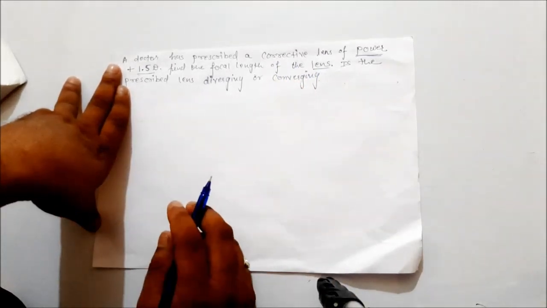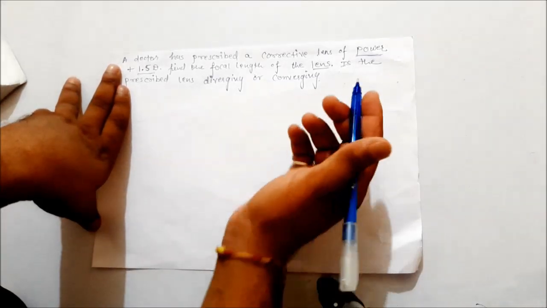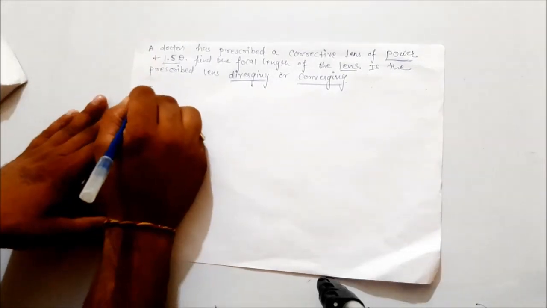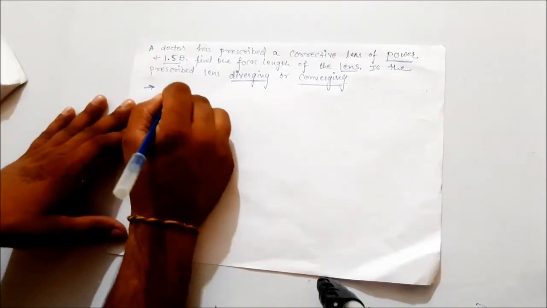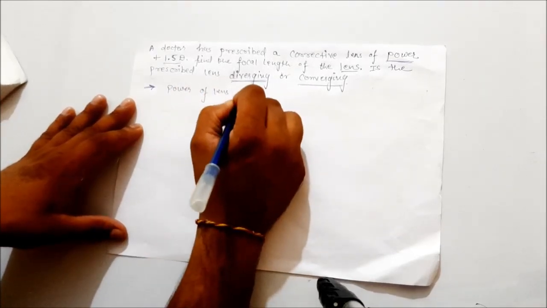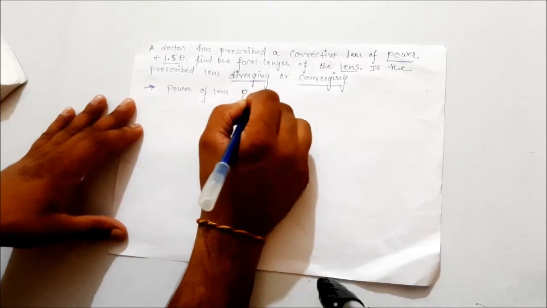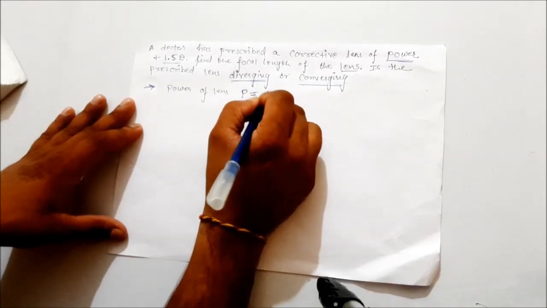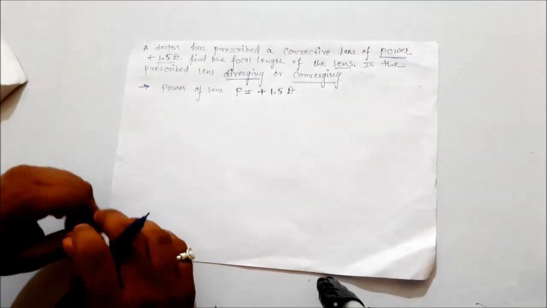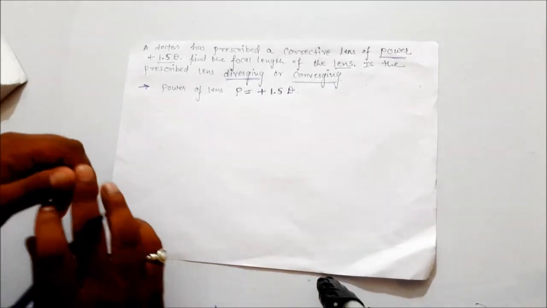We have to find out the focal length of the lens, and whether the lens prescribed by the doctor is a diverging lens or a converging lens. Okay, very good. Now, first of all, what is given to us? The power of lens P is equal to positive 1.5 diopter.